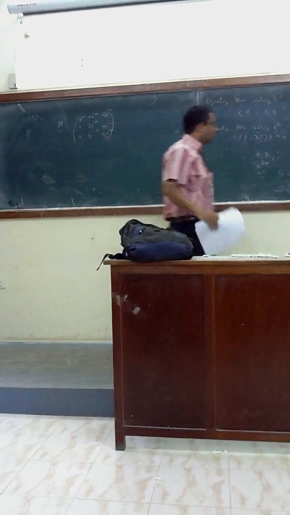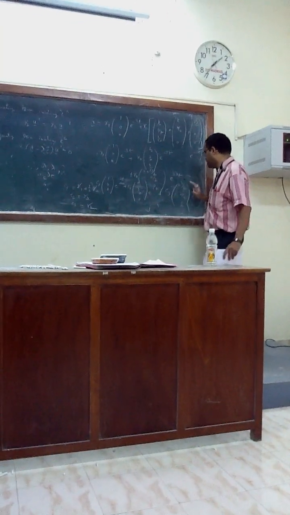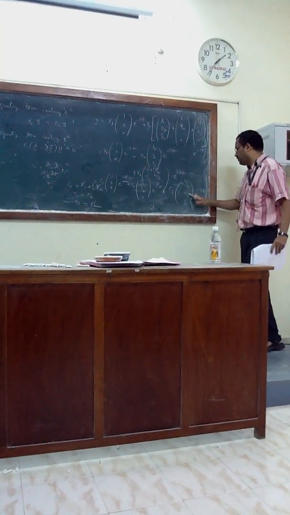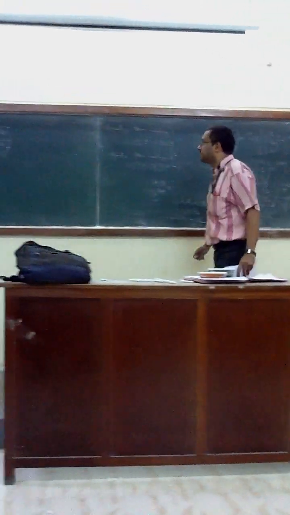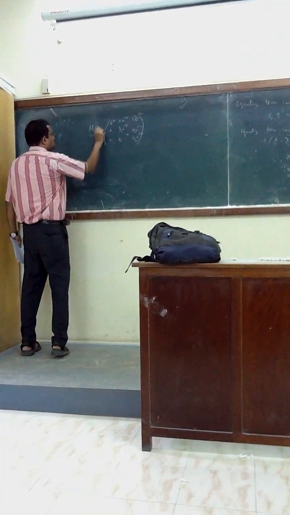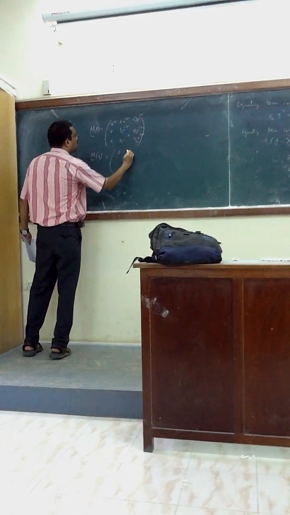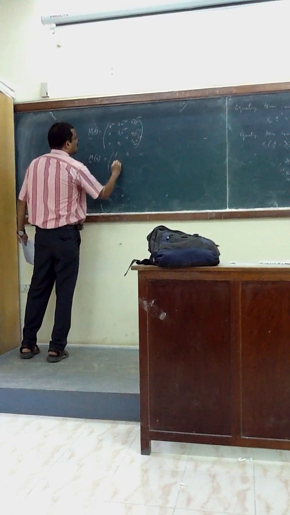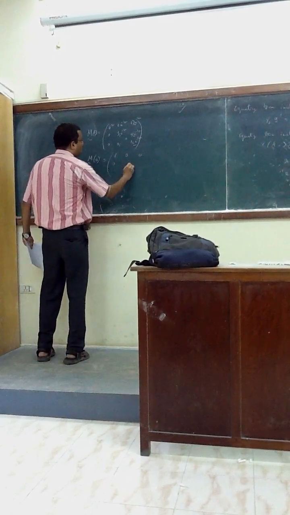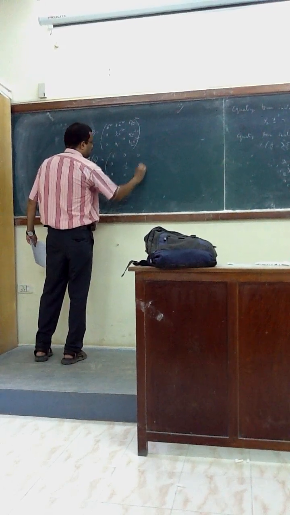So e to the power minus 3t 0 0, t e to the minus 3t, half e to the minus 3t, 0, t square by 2 e to the minus 3t, t by 2 e to the minus 3t, half e to the minus 3t. This is M(t). We can get M(0), which is 1 0 0, 0 half 0, 0 0 half.